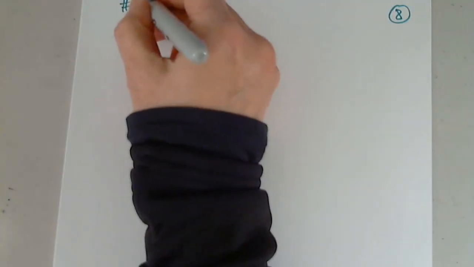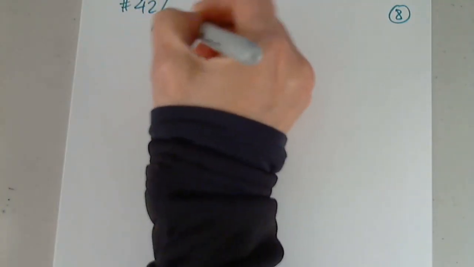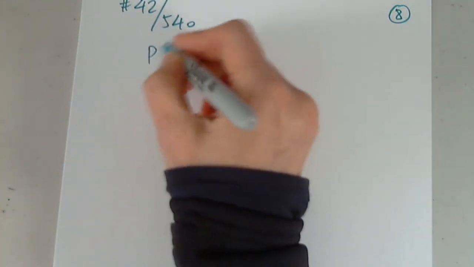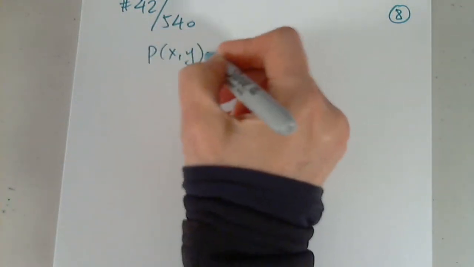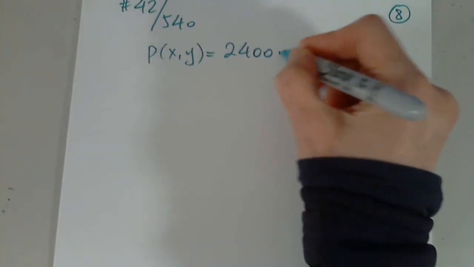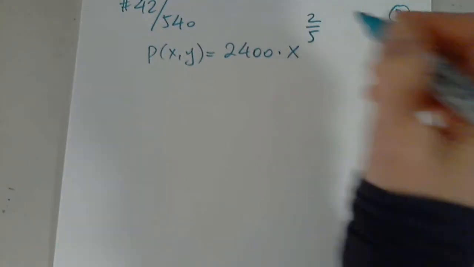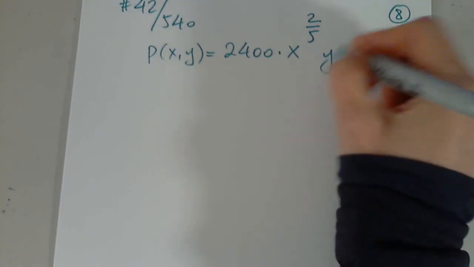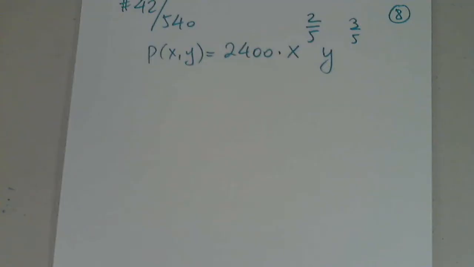Okay, so we're given a function. So this is 42 on page 540. That is P of X comma Y, and this is 2400 multiplied by X to 2/5 multiplied by Y to 3/5. These are not very friendly functions, as you see.